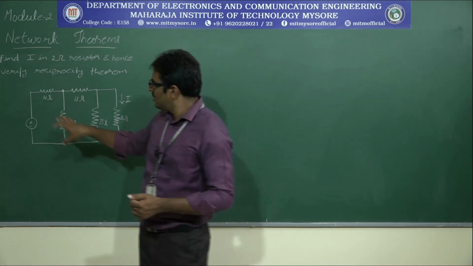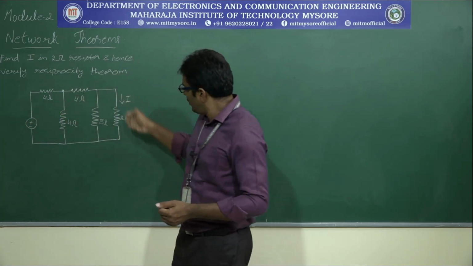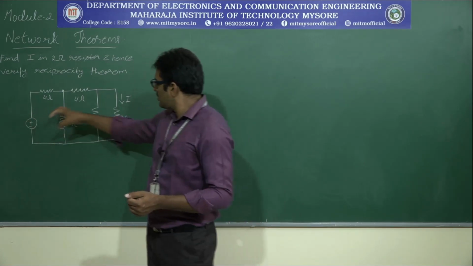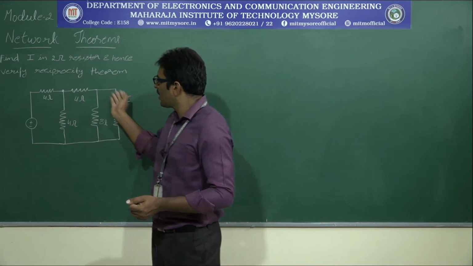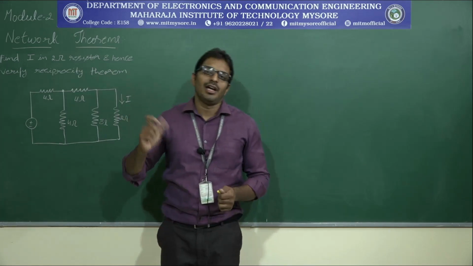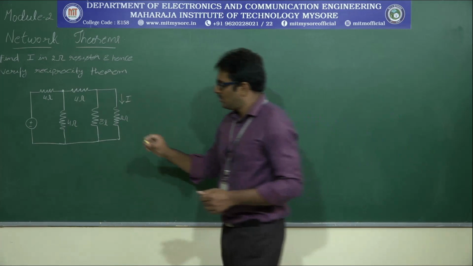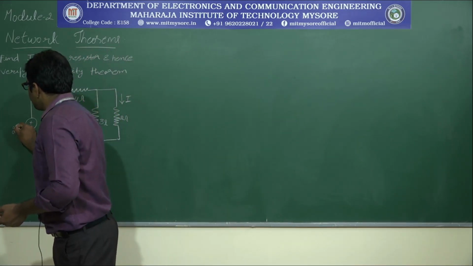First there is a voltage source here that produces a current in the 2 ohm resistor. Then the same voltage source acts in this branch, and we find what the current would be in the first branch. That is the procedure to verify whether the given circuit is reciprocal or not. This voltage source value is 20 volts.